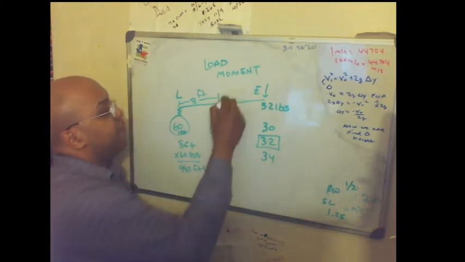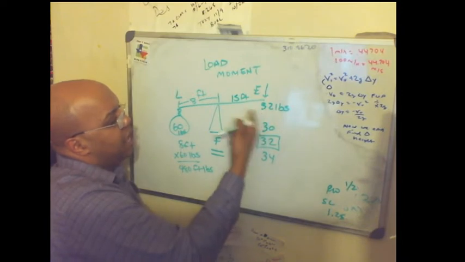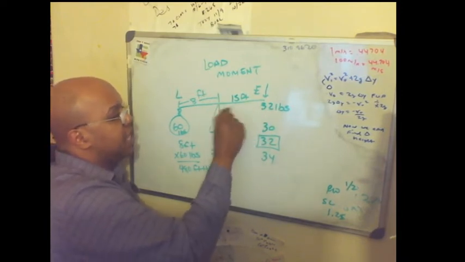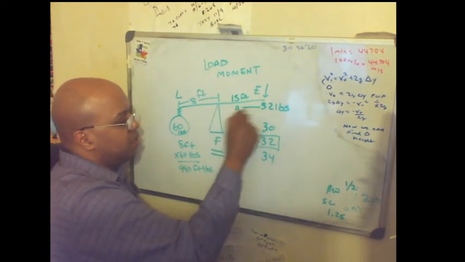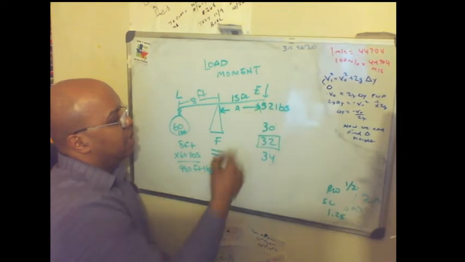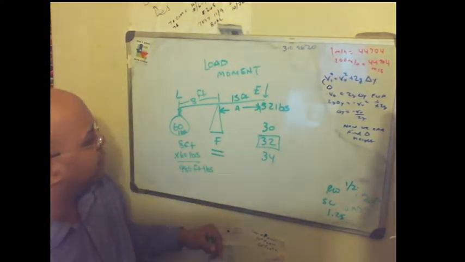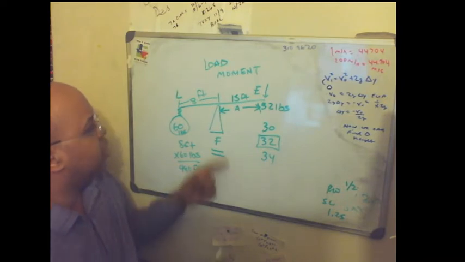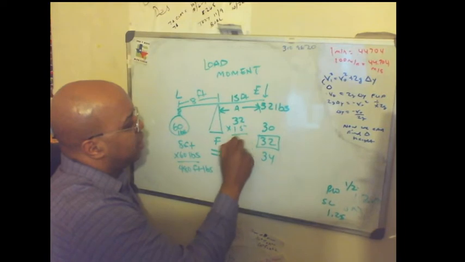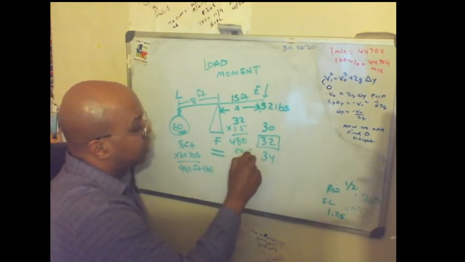This means that if we're going to have 32 pounds be our answer, then A has to be 15 feet, because 32 times 15 equals 480 foot-pounds.